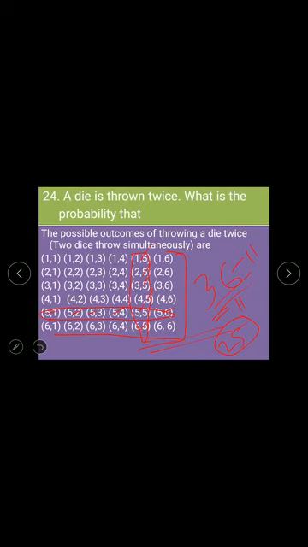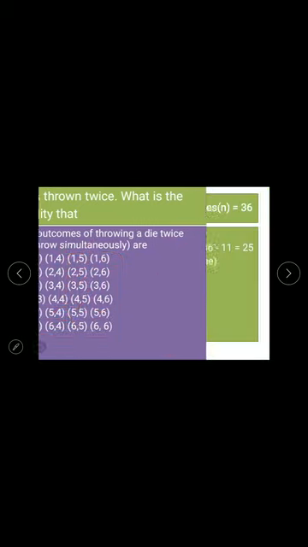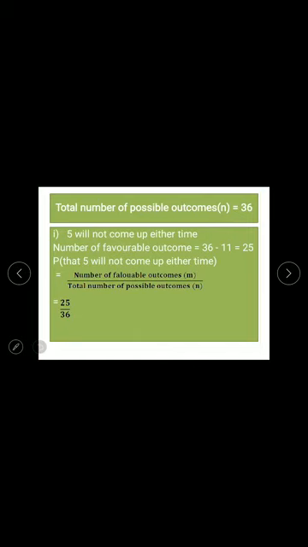And what is the second one? 5 will come up at least one time. How many times are we getting 5? For the first one, not getting 5 means the number of favorable outcomes is 25. Getting 5 means the number of favorable outcomes is 11. Clear? The total number of possible outcomes is 36.